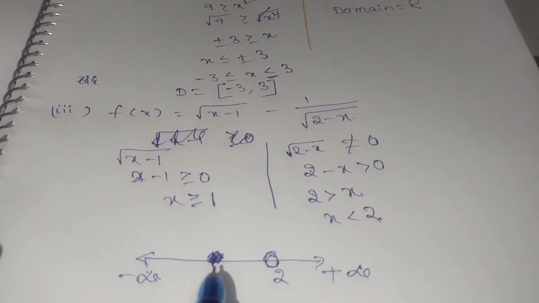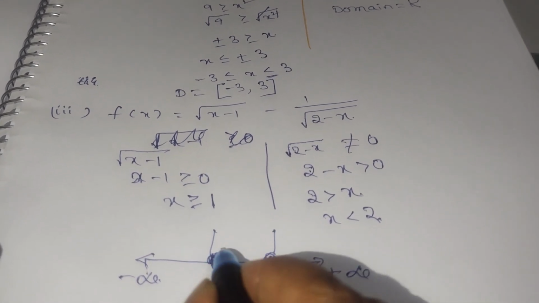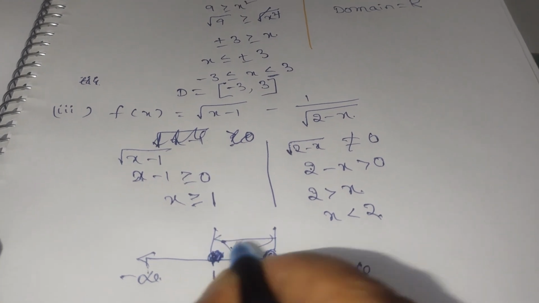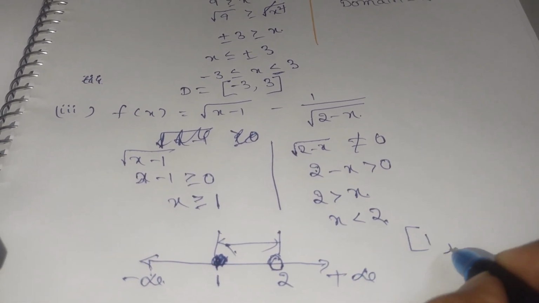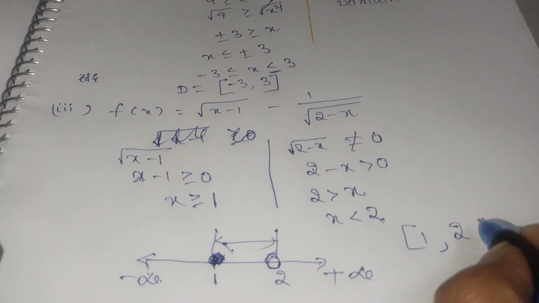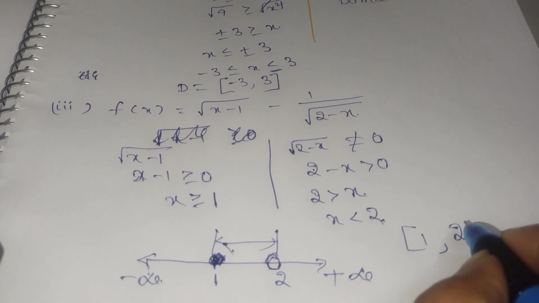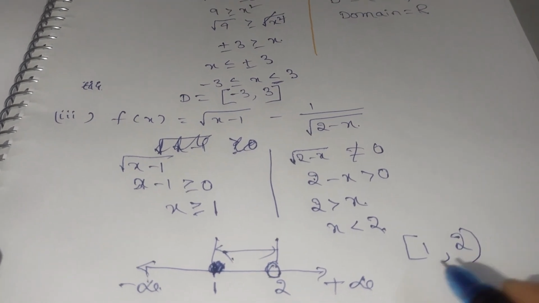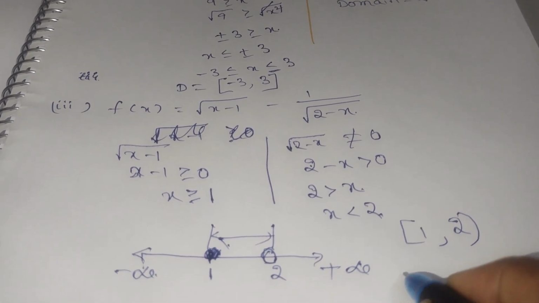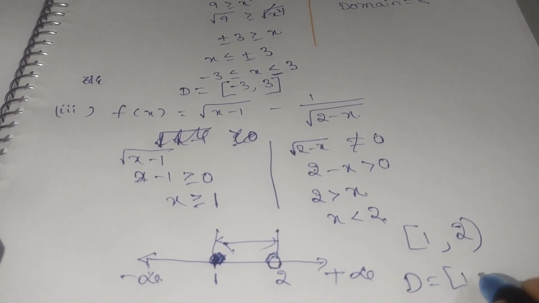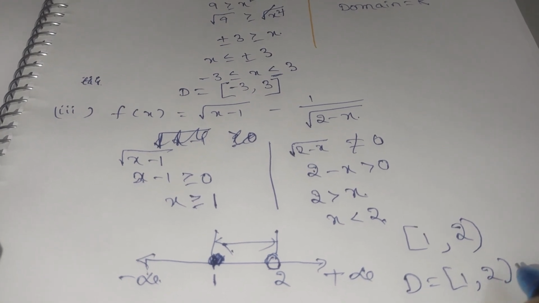Less than 2 and from 1 to more. So up to here we are getting the interval. So the values are from 1, that is a closed interval, and up to 2, not on the 2. 2 is not included. 1 is included in the interval, but 2 is not included. That's why an open bracket. So the answer is domain equals 1 comma 2. That is, 1 is in the closed bracket, 2 in the open bracket.